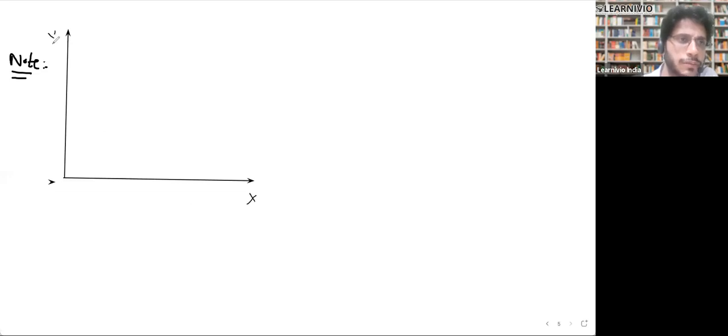This is a straight line graph. On x-axis, we have time. We have charge on the y-axis.